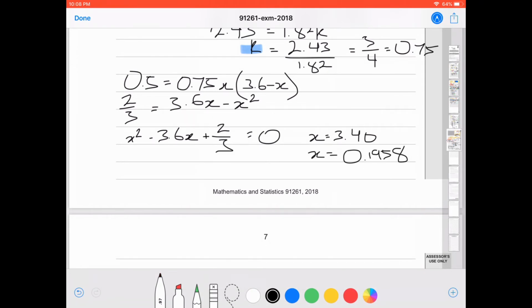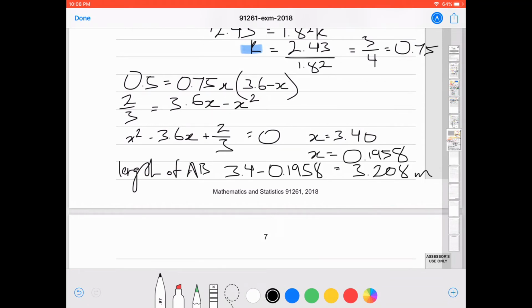So length of AB is going to be 3.4 minus 0.1958, and that equals, what does it equal? That equals 3.208 meters.